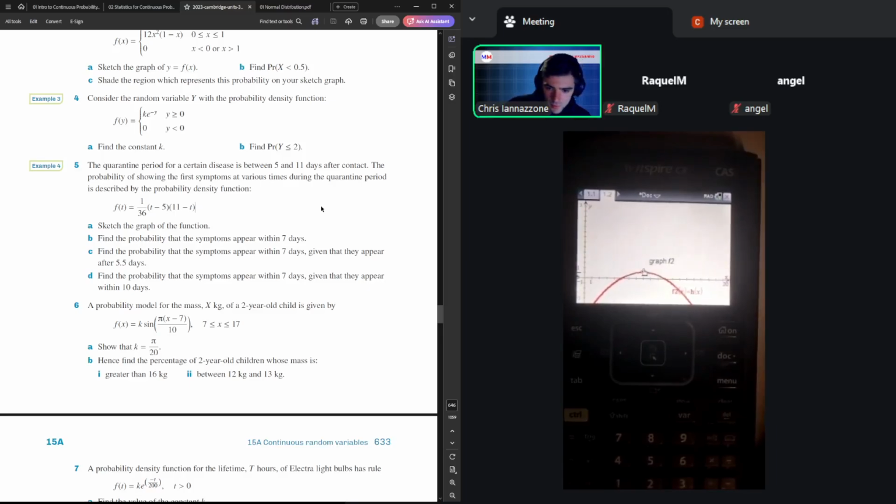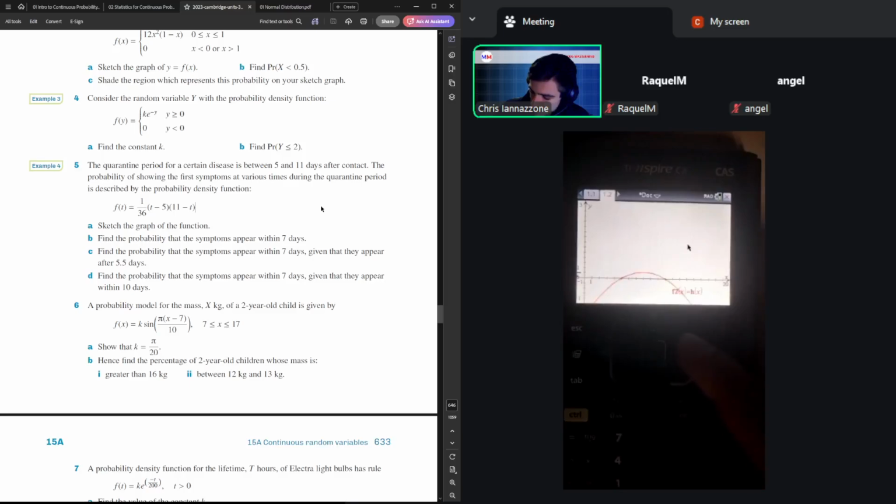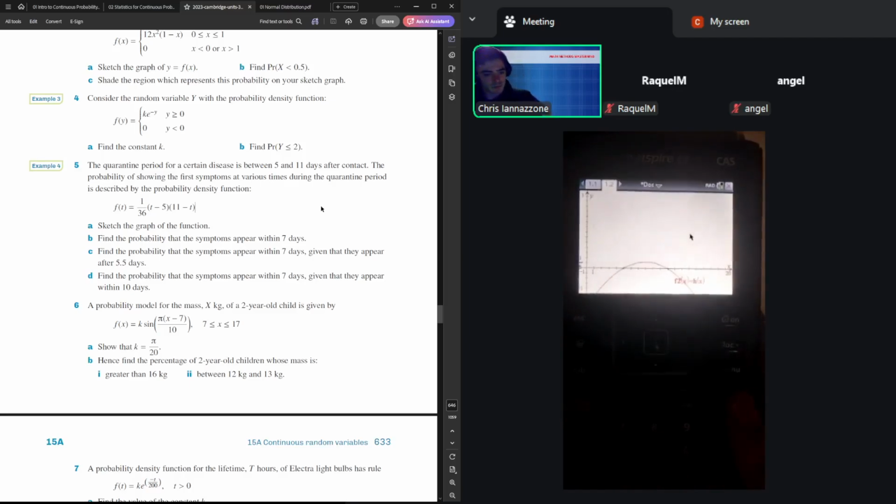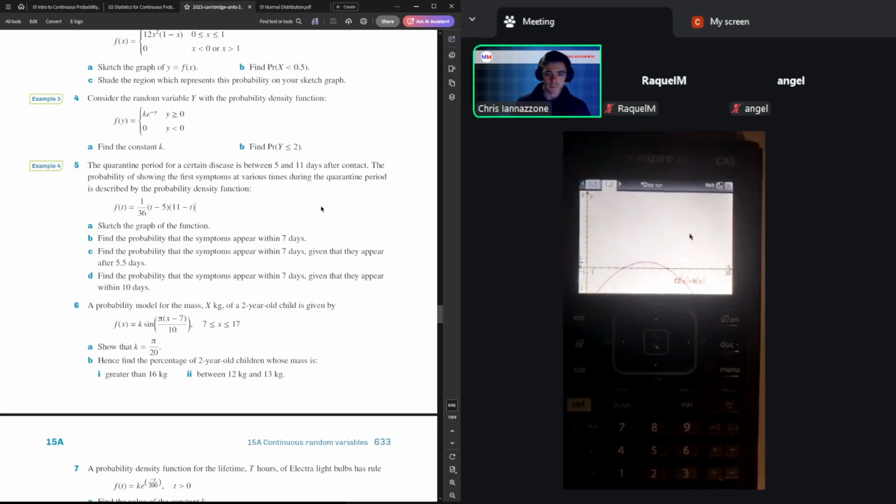Now, there's one thing wrong about what's just been drawn here. Can anyone suggest something that's a bit weird and how we can correct it? Think about what it takes for a probability density function to be valid.